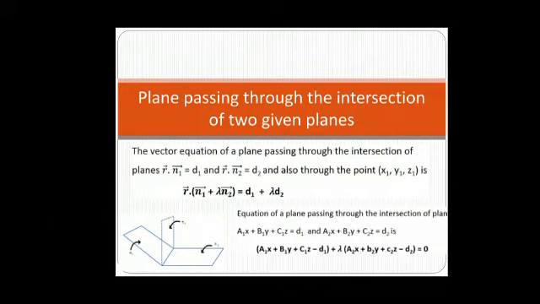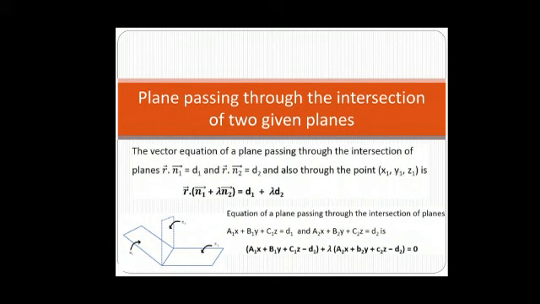The equation of a plane passing through the intersection of the planes a1x plus b1y plus c1z equals d1 and a2x plus b2y plus c2z equals d2 is given as a1x plus b1y plus c1z minus d1 plus lambda into a2x plus b2y plus c2z minus d2 equals 0.